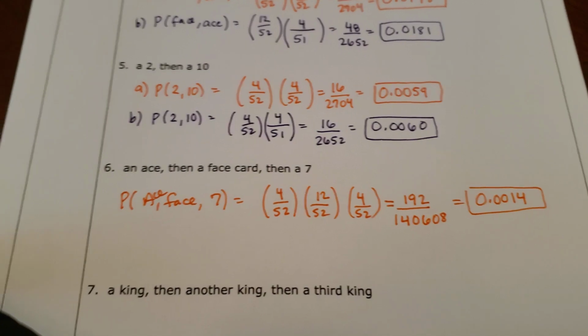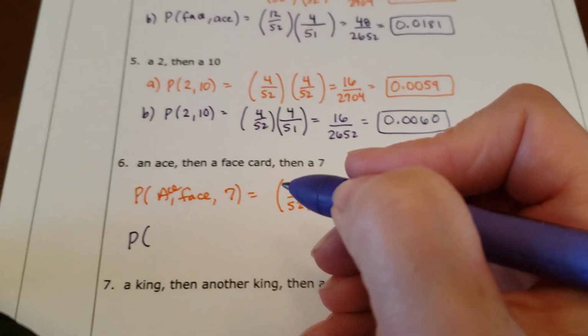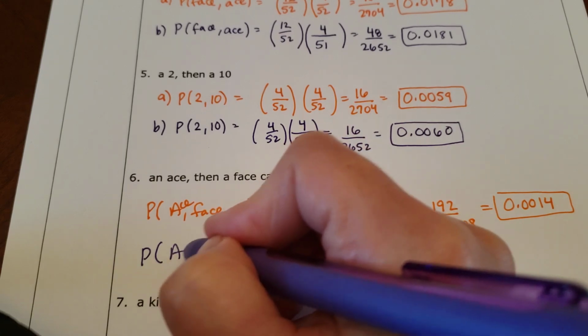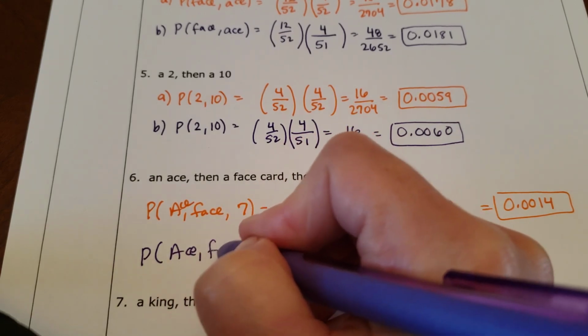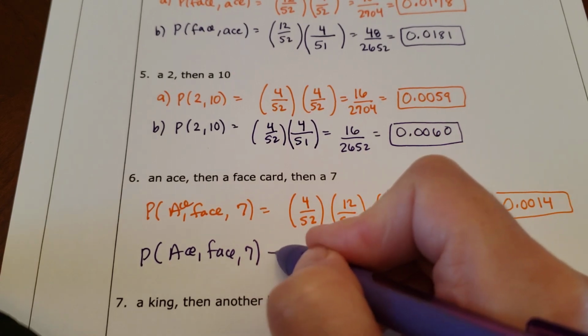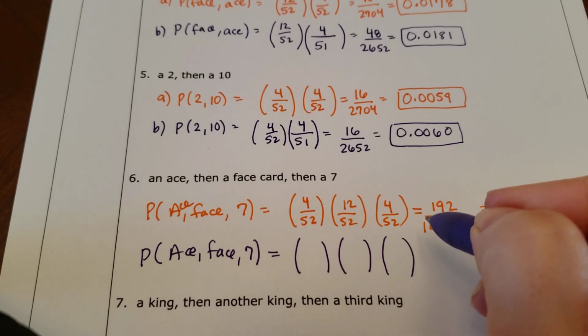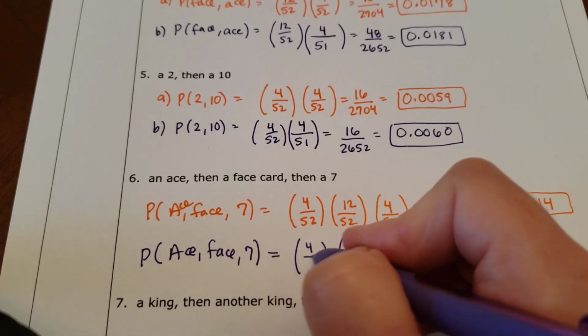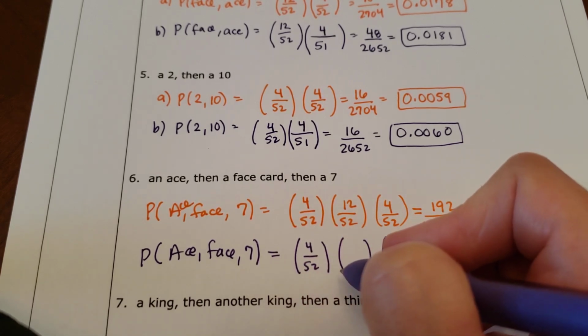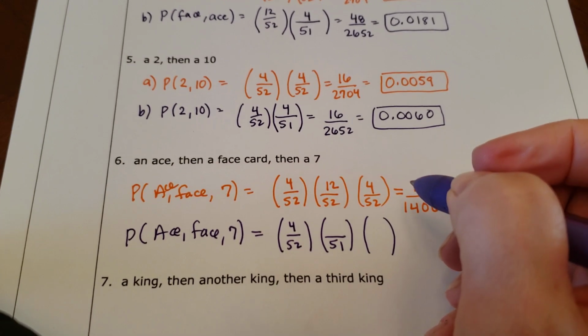Now when we do it, we're going to hold on to it. So probability of ace, and then face card, and then 7. Sorry, my writing is horrible today. So I'm going to pull 3 cards. The ace will be exactly the same, but now I'm holding that ace in my hand. So now when I pick the second card, there's only 51 cards to choose from.